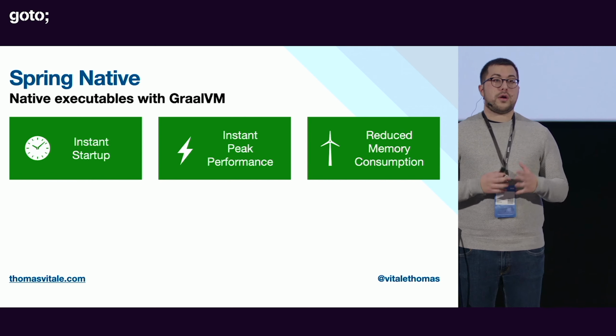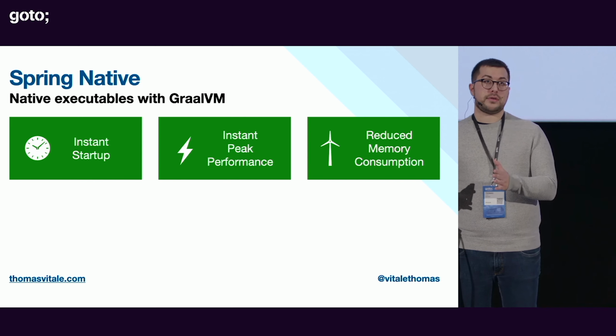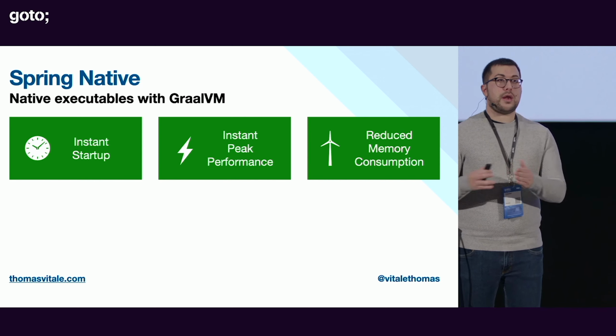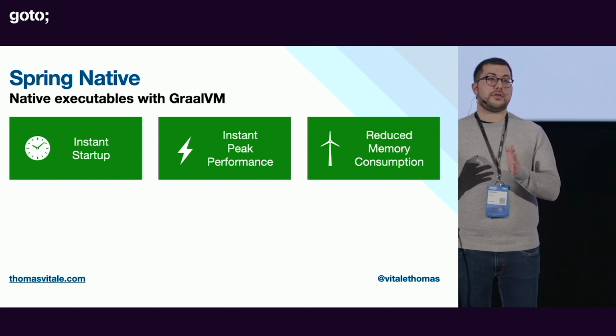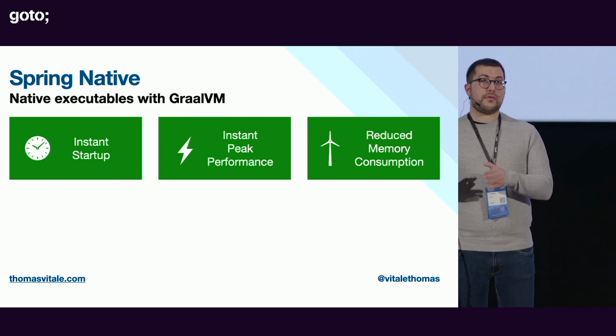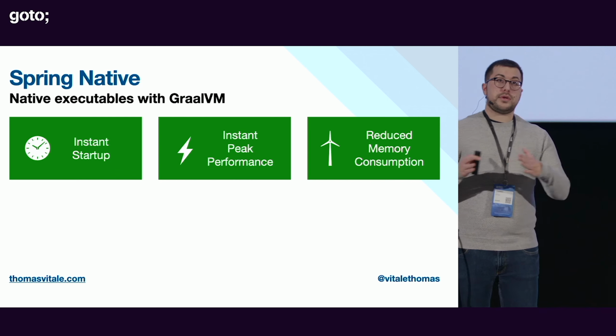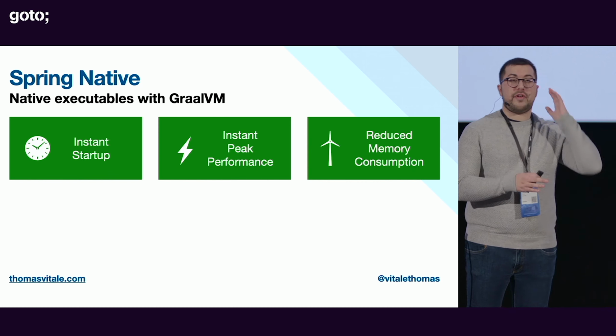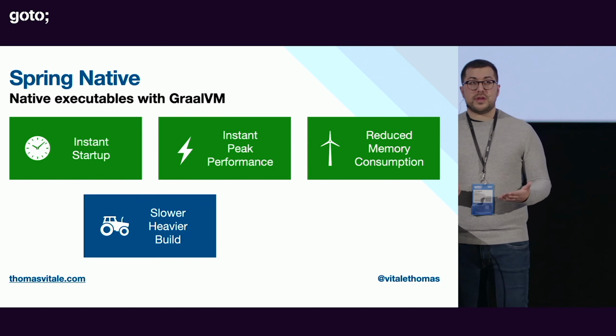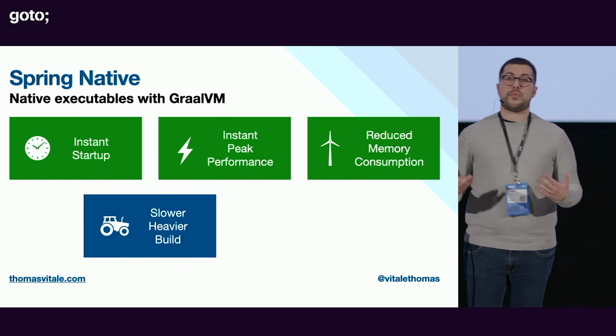Since we are optimizing the runtime part as much as possible, we still need to do a lot of those computations that right now the JVM is doing dynamically while running. So we are moving all those computations back to the build time phase. So when we build the application, we now get a slower and heavier process.